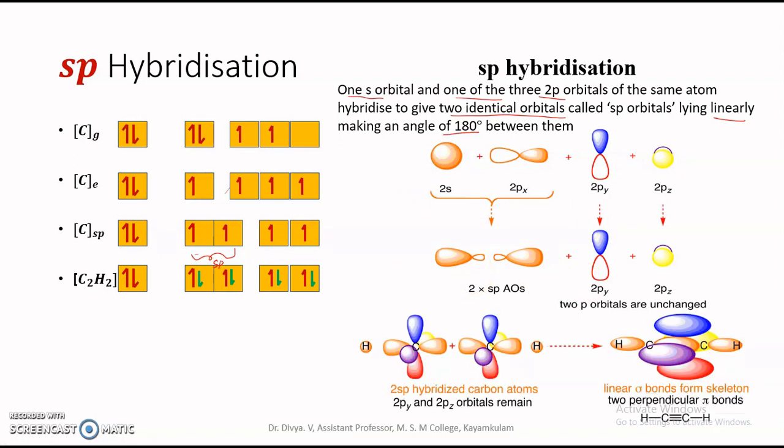And during the formation of acetylene, this is the acetylene molecule. You know the structure of acetylene. Here these are the 2 sp hybridized carbon atoms.